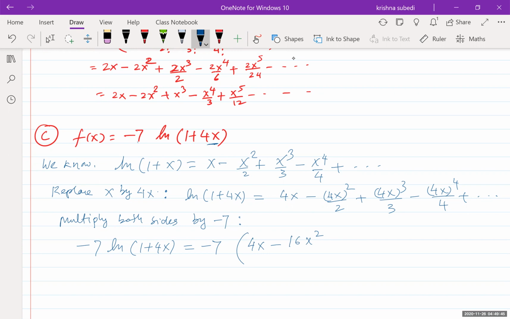That's going to be 8x squared plus 64 over 3 x cubed plus 64x to the power 4 over, okay, this one, I think you know how to calculate that, right? So it's a simple calculation. You simply get, I believe, 64 x to the power 4 plus, it goes like that, and you multiply. If you want, you can multiply this by negative 7 and write it down. So that will be the answer.